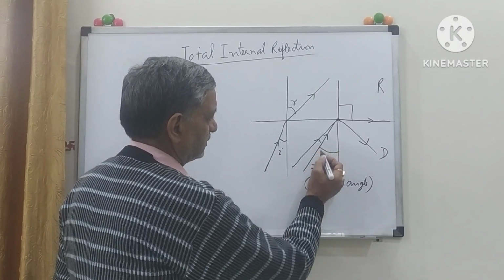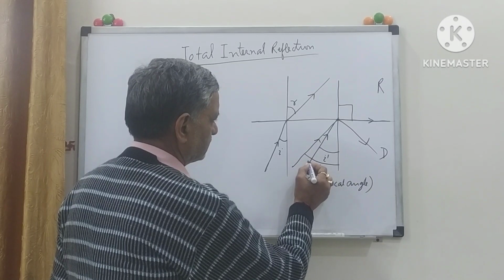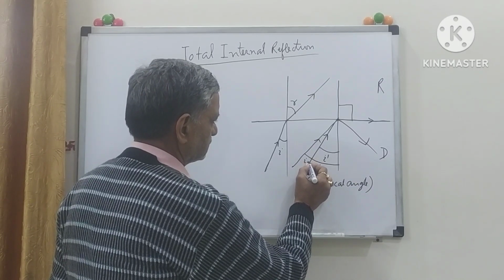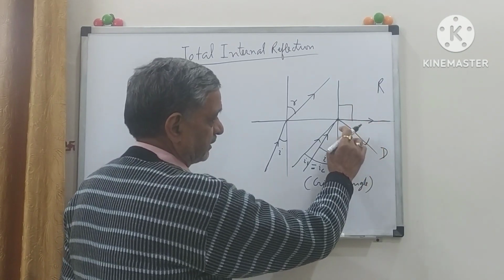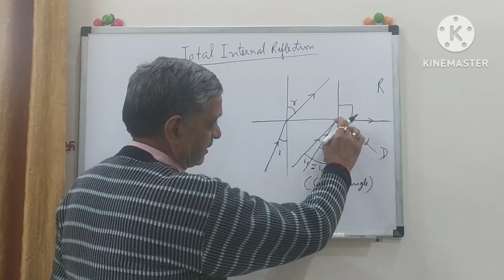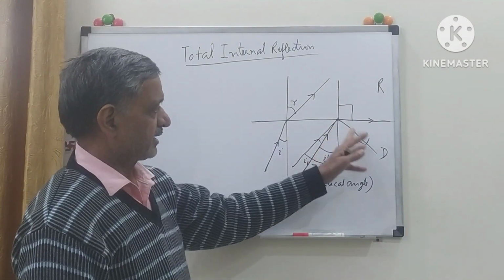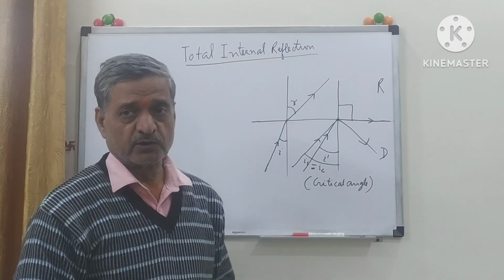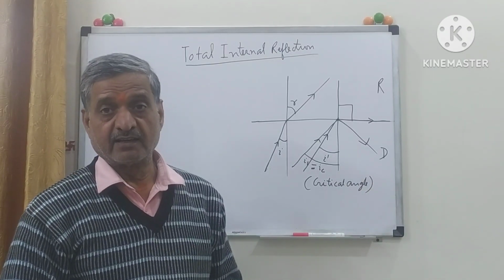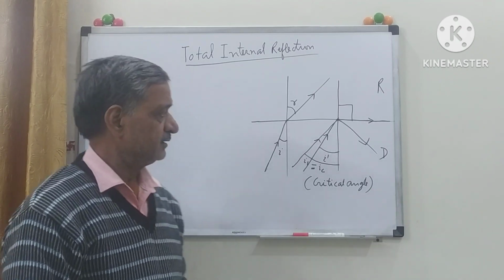So this angle of incidence I1 and that is the angle of refraction. It means that the ray is not refracting. It is reflected back in the same medium. So that is why this phenomenon is known as total internal reflection.